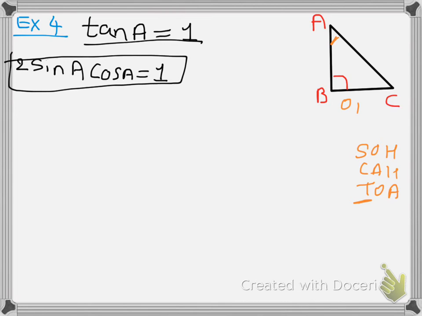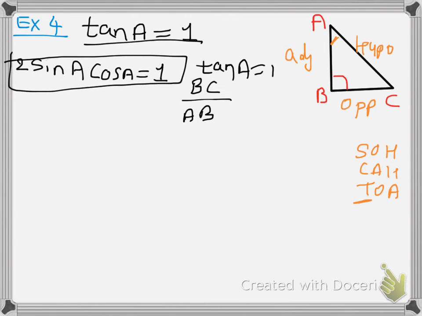It is BC, so this is opposite, this is adjacent, and the longer side is hypotenuse. So if tan A is equal to 1, and tan A is opposite over adjacent, it's BC over AB is equal to 1. They've given us this, so basically we can rewrite this as BC is equal to AB.